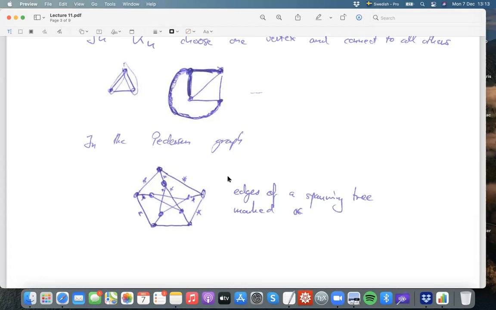And one thing which is not in your lectures here is this famous Kirchhoff theorem. Let me maybe make a small note here. Kirchhoff's theorem. It's very nice and important.